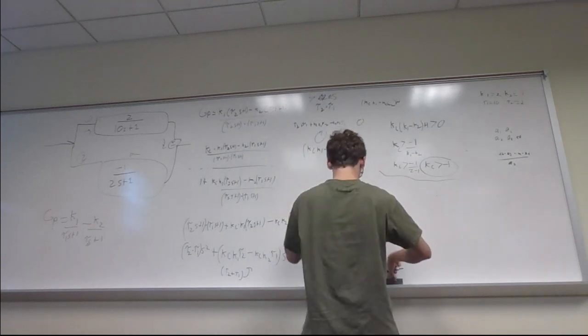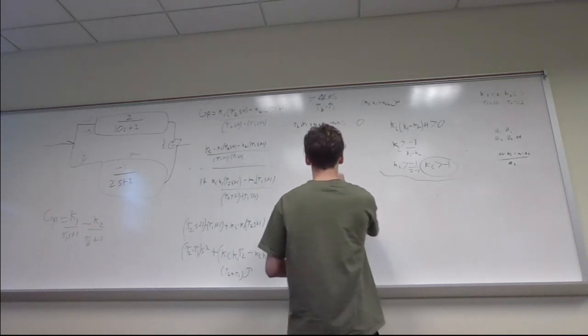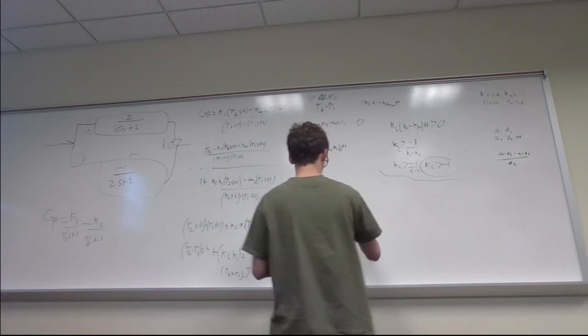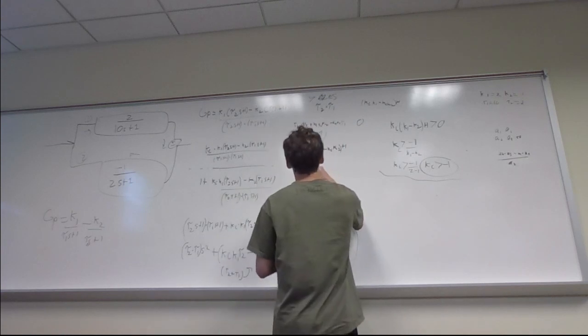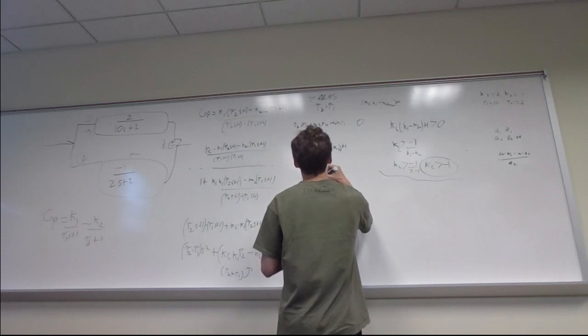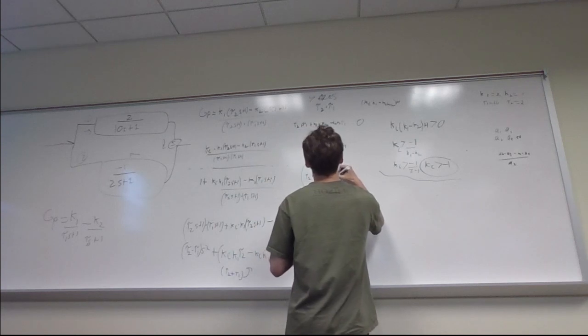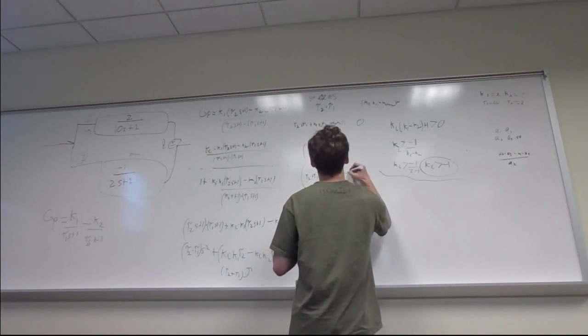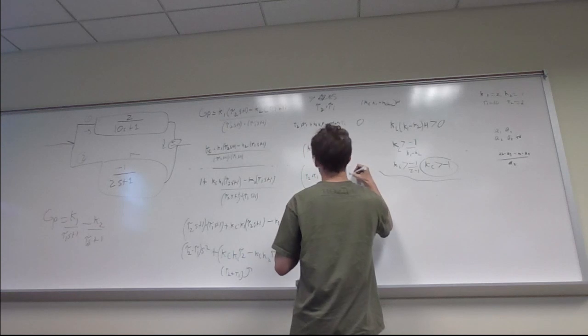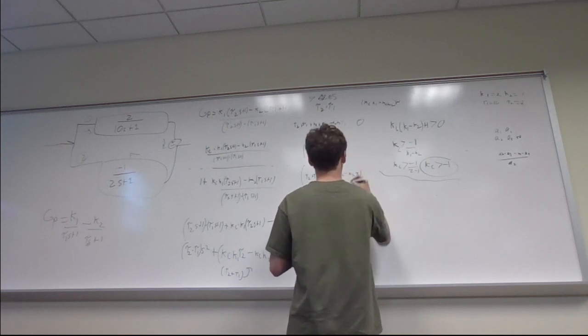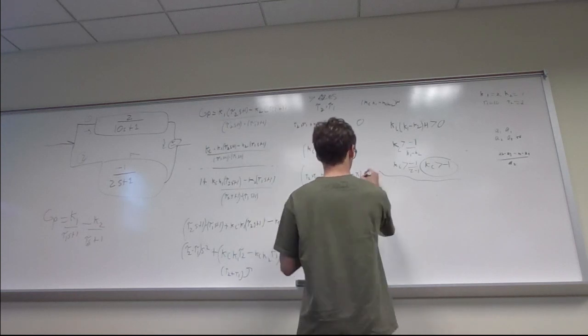Now, the next one is, where is it? So we're going to do, I'm trying to give myself some room and hope my thing doesn't die. So T2 plus T1 plus KC, we're going to factor out KC, and K1 tau 2 minus K2 tau 1, and then it's greater than 0.